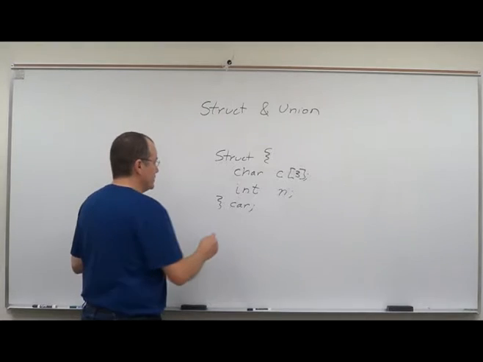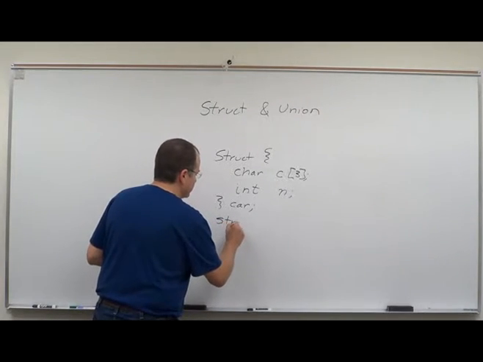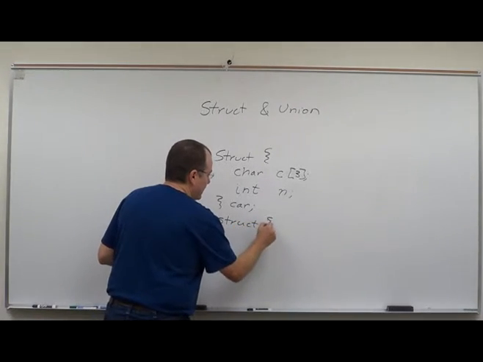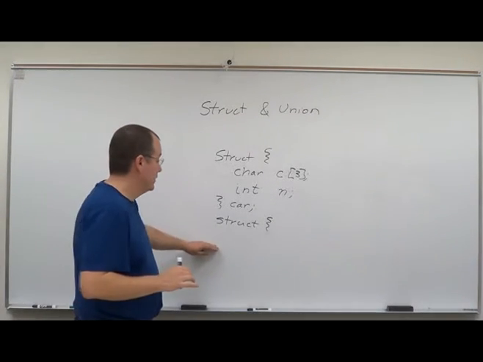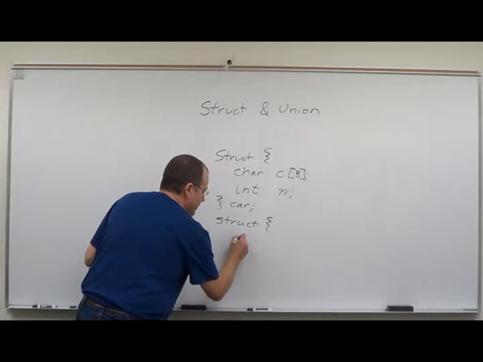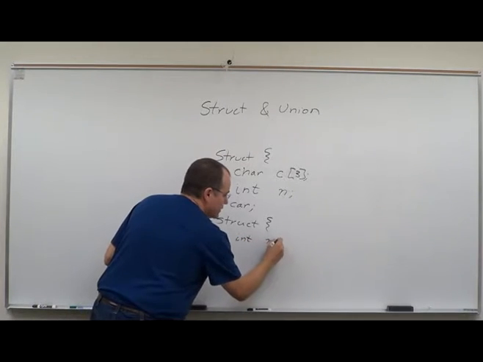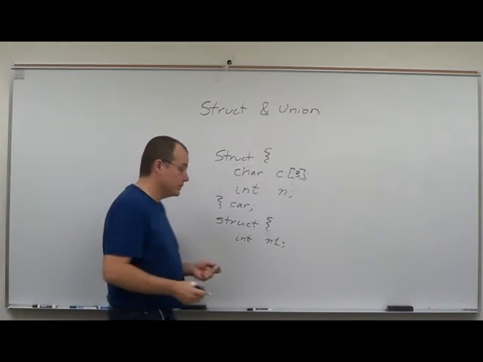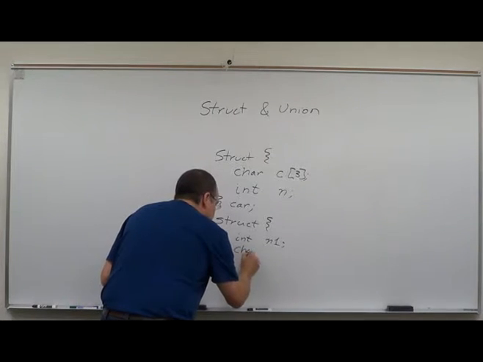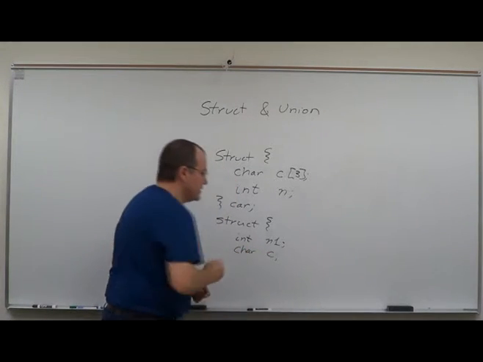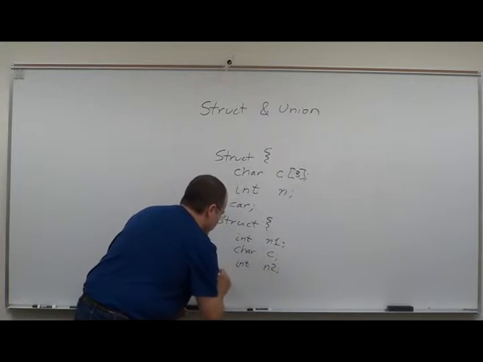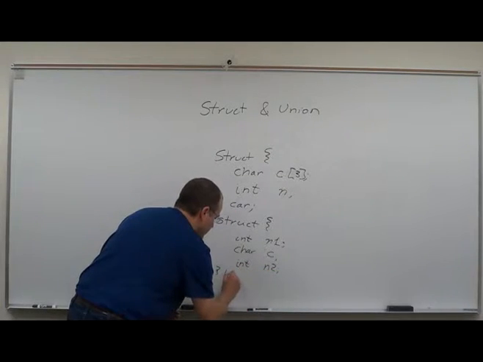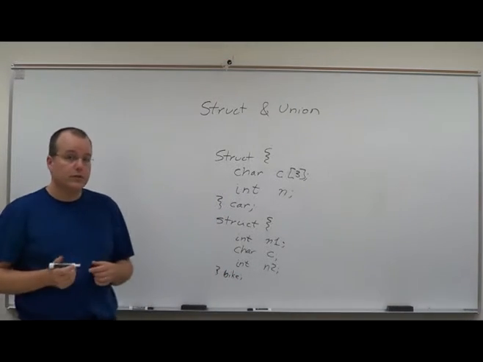Let's do the motorcycle. Again, I'm not going to name the data type, but I am going to name the variable. So that is an int, I'm going to call it n1, a character that I'm going to call c, and another integer called n2.